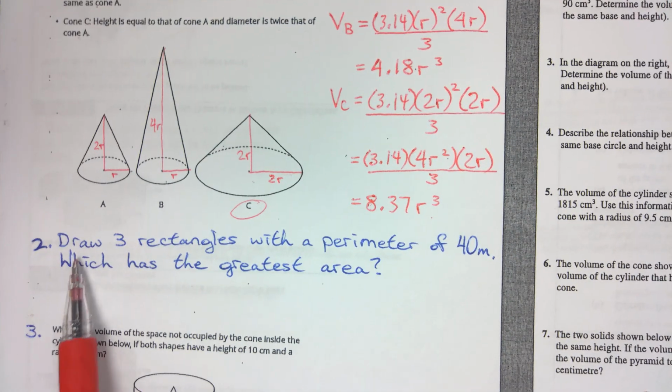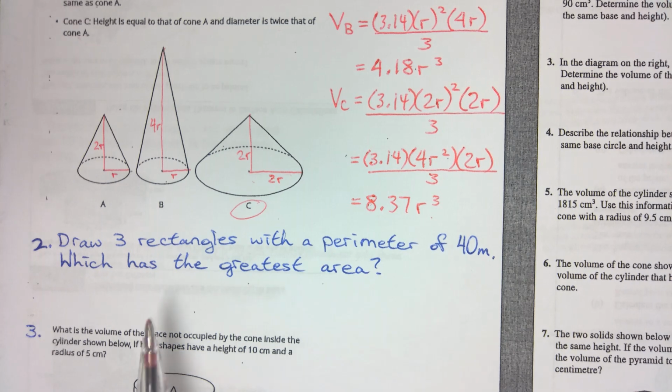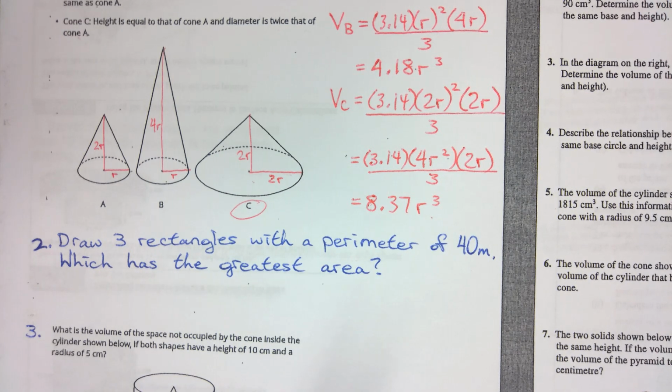Okay. I just added in this question: draw 3 rectangles with a perimeter of 40, and then figure out which one has the greatest area.